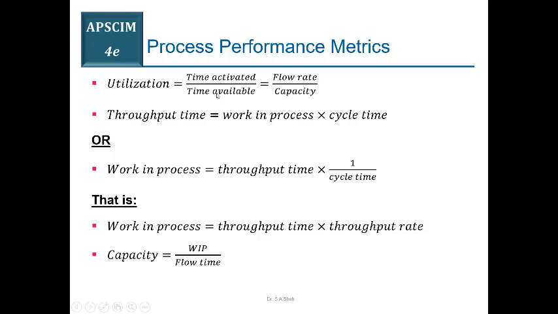For example, if you have 1 minute of available time and you are operating the equipment for the complete 1 minute, this means that utilization will be 100%. So the time of activation of any machine is basically the flow rate, and the available time is the capacity of that machine, that is, its full capacity.